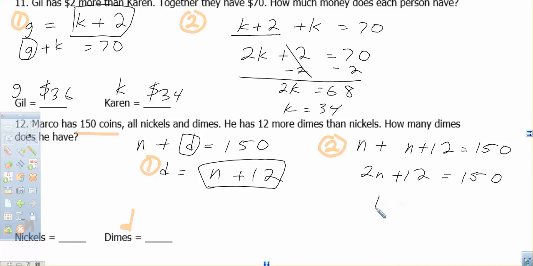Subtracting 12, we get that 2n equals, well, let's say it's 138. Yes, 138. Dividing by 2, we know that there are 69 nickels. All right, 69 nickels. And since there are a total of 150, 150 minus 69 will be 81. So there are 81 dimes.